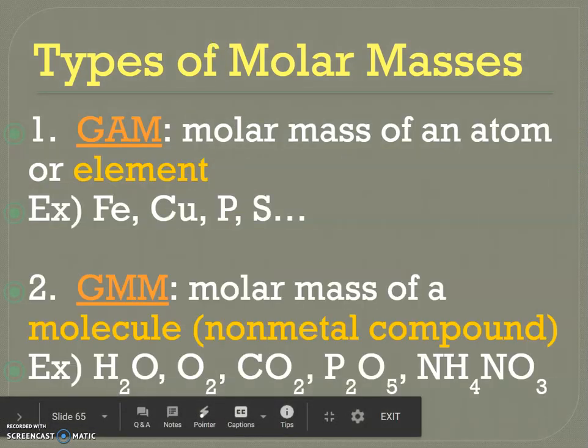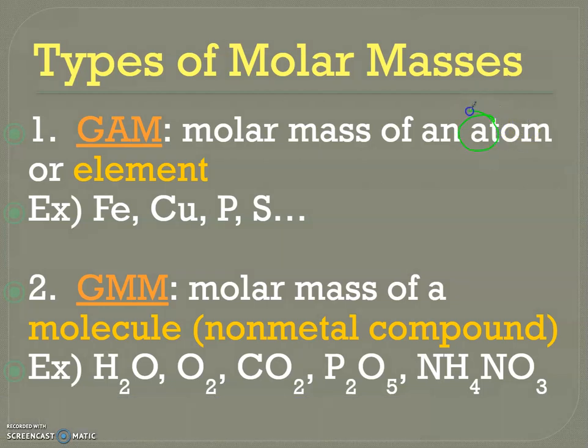Okay? So a gram atomic mass is the molar mass of an atom. And remember, atoms are elements, so any of the 118 elements on our periodic table. The gram molecular mass is the mass of a molecule. Molecules are non-metal compounds. And if you remember on our periodic table, what side are our nonmetals? These are our nonmetals over here.